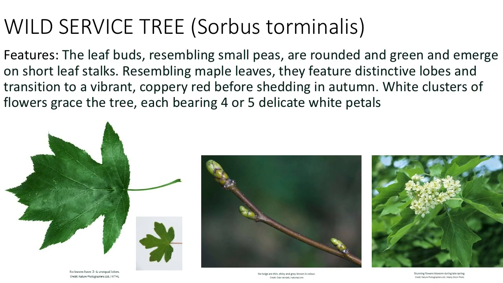And actually the leaves of the wild service tree are much larger than that of the field maple and other acacias, with larger leaves that are more evenly lobed. So that is the wild service tree.